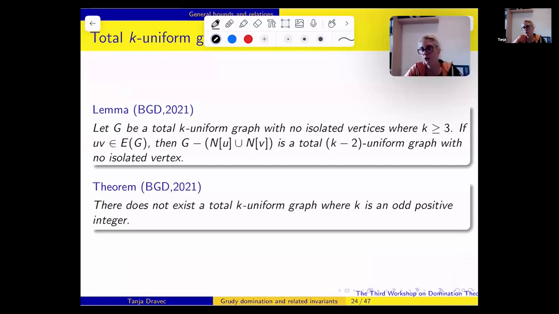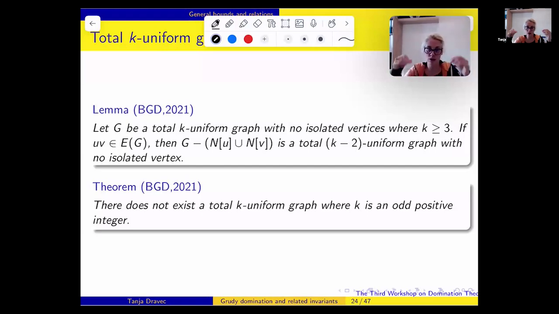We knew earlier that such a graph does not exist for K equal to 3, but now Bahadır, Gözüpek, and Doğan proved that there does not exist a total K-uniform graph for any odd positive integer K. And this was proved in a very nice way.